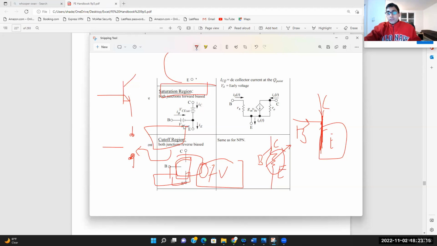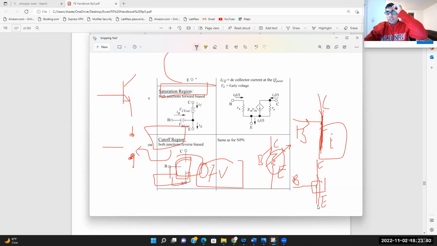But in saturation, from the name itself, once it reaches a fixed value, it becomes saturated.